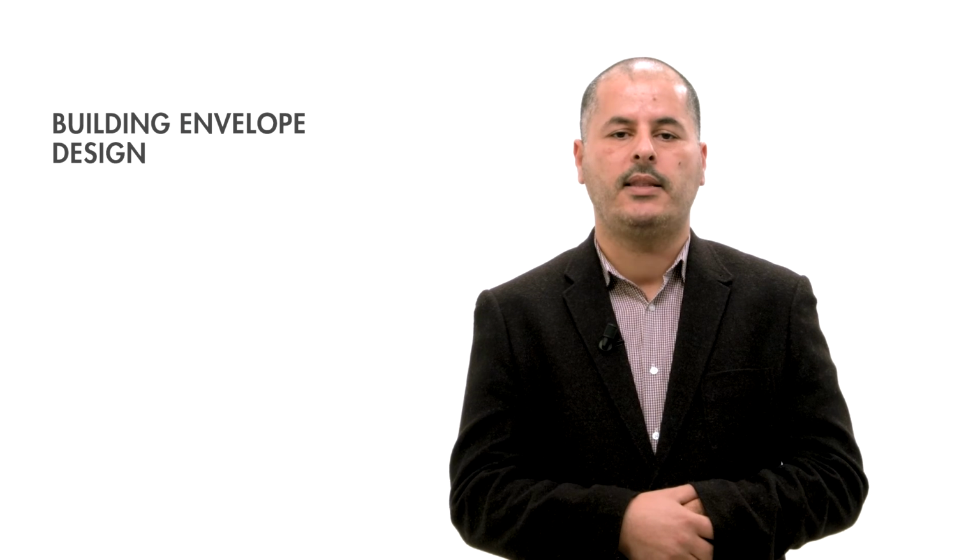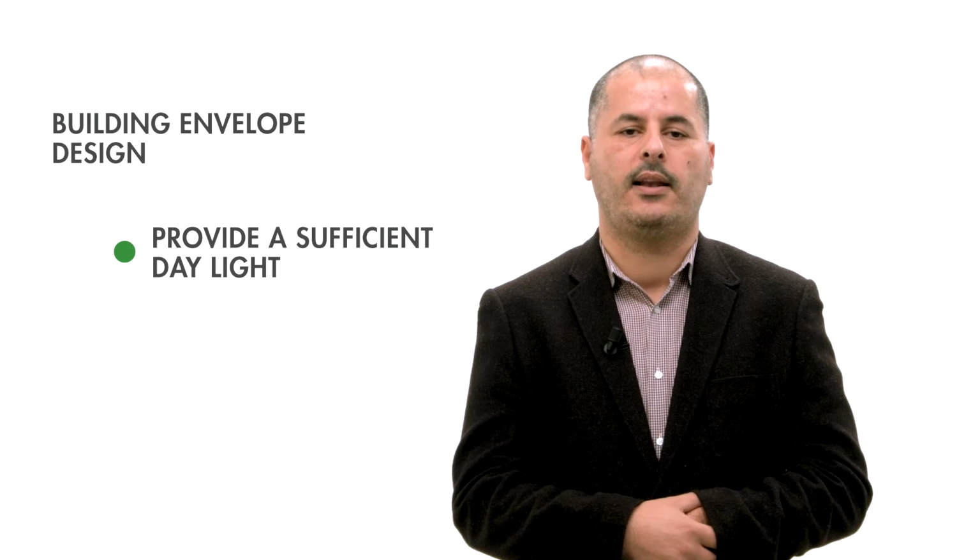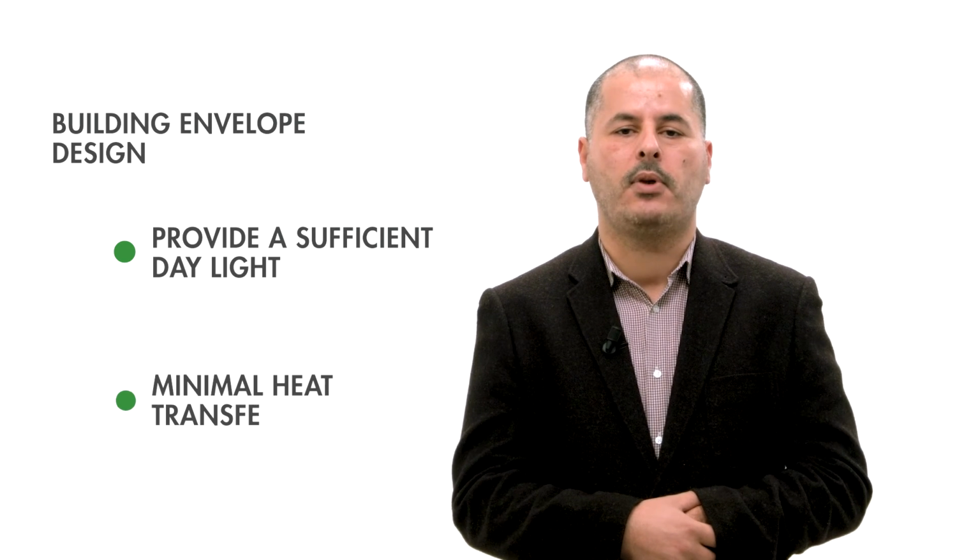Second, the building envelope design, where the building envelope should provide sufficient daylight in the building and minimal heat transfer through the envelope. Windows or doors can transfer heat around 5 times faster than the solid part of the envelope.